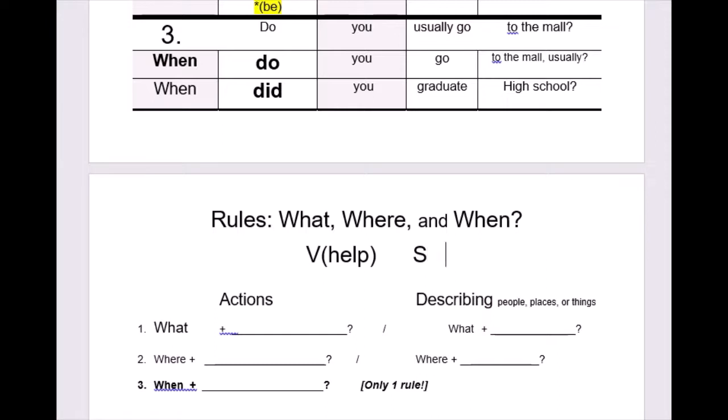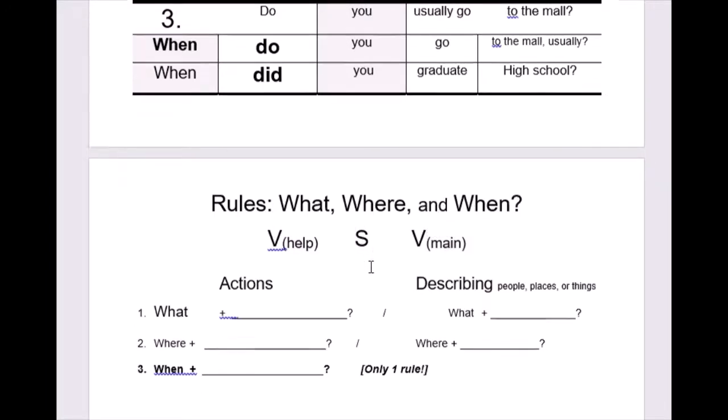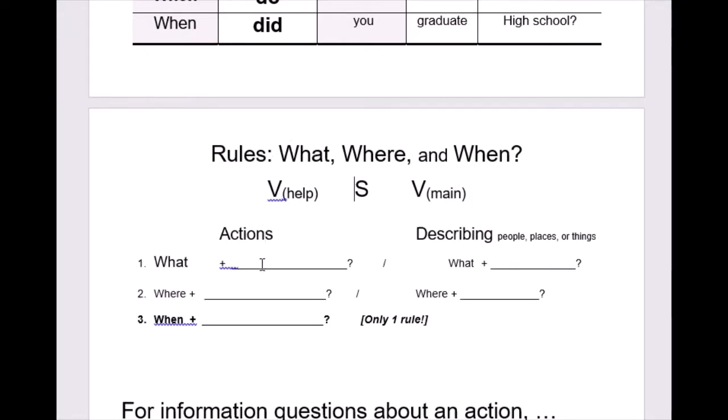I need the subject. And I need the main verb, okay? So this will help us learn the rules so that you can keep organized and you have the correct structure when you write these questions, okay?